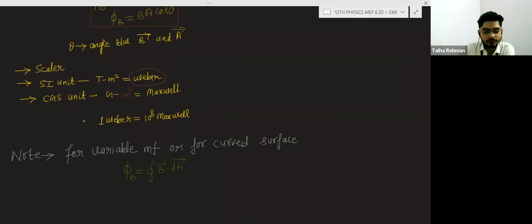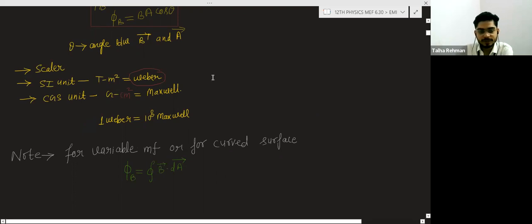So this will be your formula for the magnetic flux when you have a closed surface or curved surface.